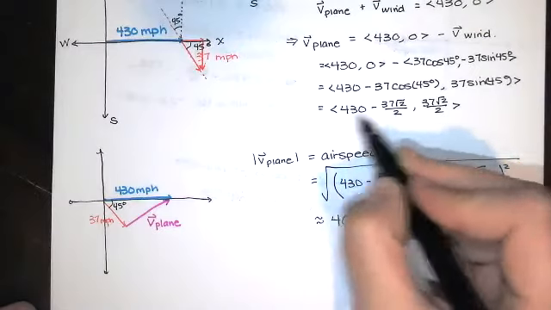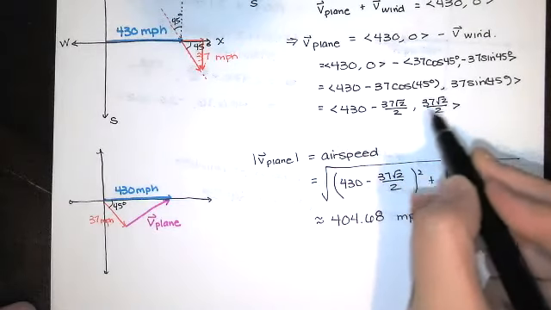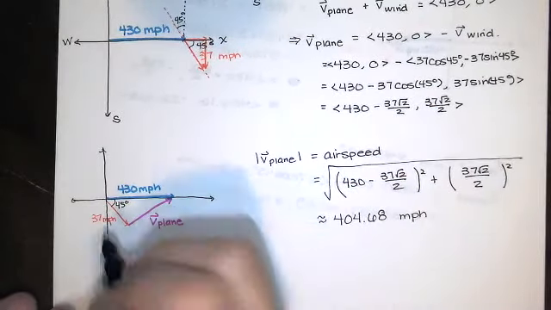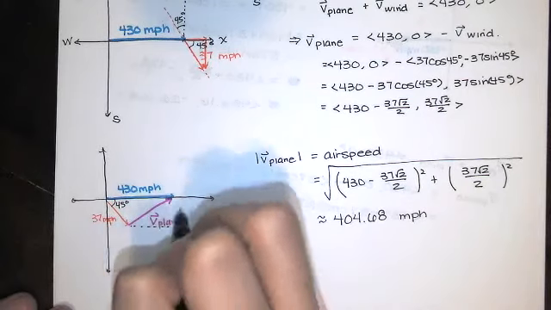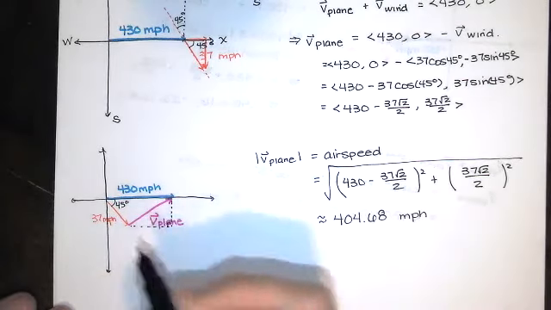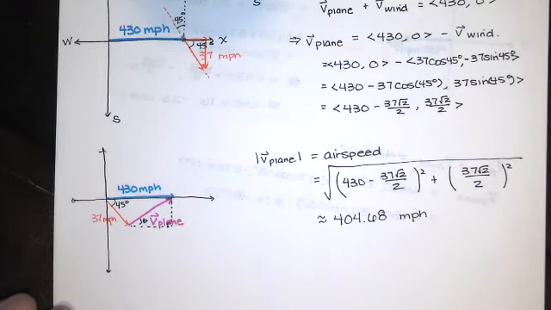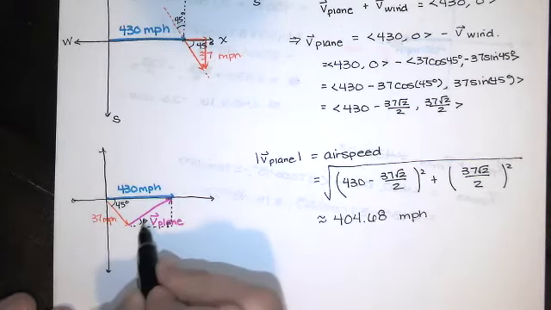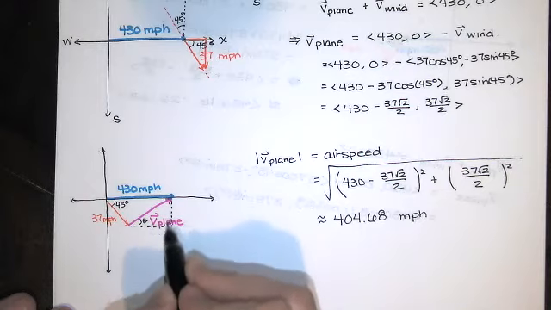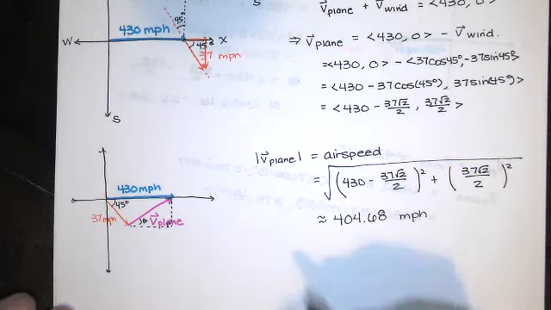So if this is my x value and that's my y value, and I'm trying to find what that angle is, that angle right there, well, the tangent of that angle is the y component divided by the x component.